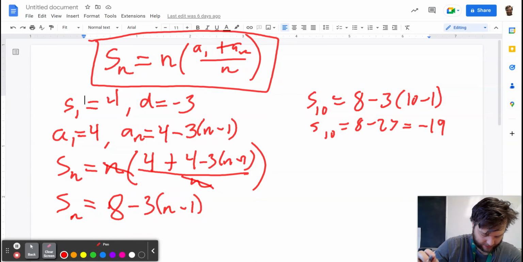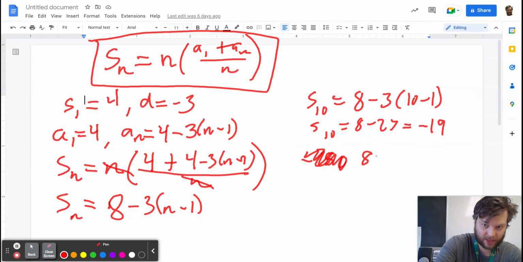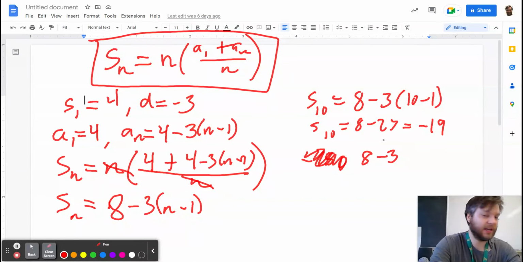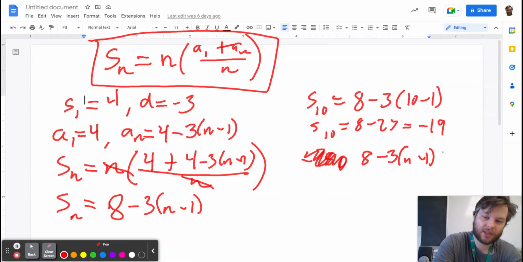Find the smallest n for which S sub n is less than negative 250. So negative 250, I guess I got to write it, it says it wants S sub n to be less than. So 8 minus 3 times n minus 1 has got to be less than negative 250. So take away 8.